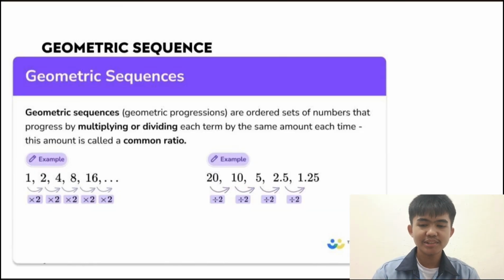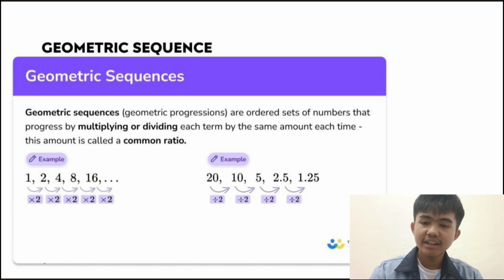So, what is geometric sequence? Geometric sequence is geometric progressions or are ordered sets of numbers that progress by multiplying and dividing each term by the same amount each time, and it's called common ratio. As you can see here in the example, 1, 2, 4, 8, and 16.